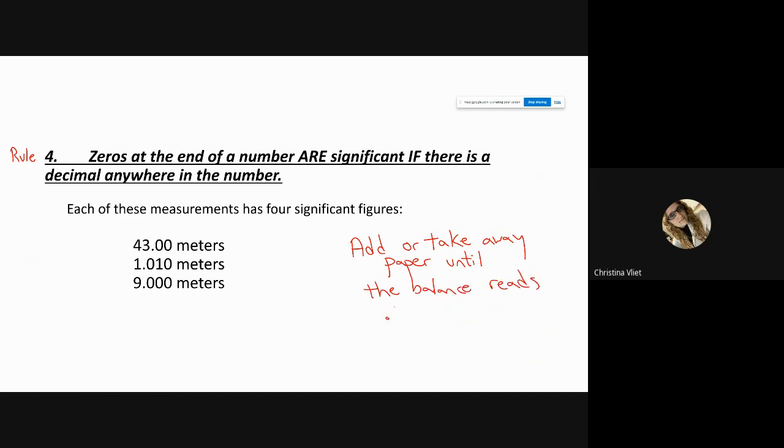So either 0.20, 0.30, 0.40. What I'm looking for is this 0 ending, but you have paper on the scale. So anything but 0.00. Add or take away paper until you see either 0.10, 0.20, 0.30 on your scale. That's the exercise that I'm asking you to do.